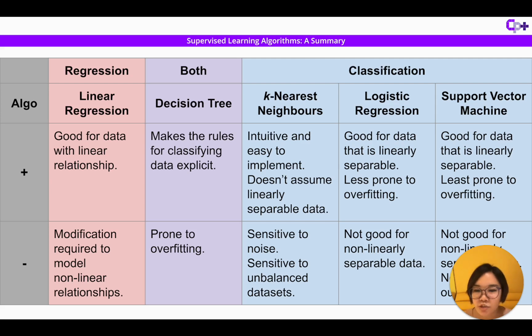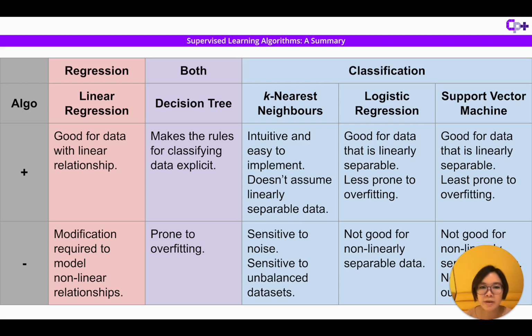Decision trees can be used for both regression and classification, although it's a bit more popular for classification. Decision trees are nice because they make the rules for classifying data explicit. You can hard code that as a bunch of if-else statements as well. But decision trees are also very prone to overfitting. I'll talk about what overfitting is in a short while.